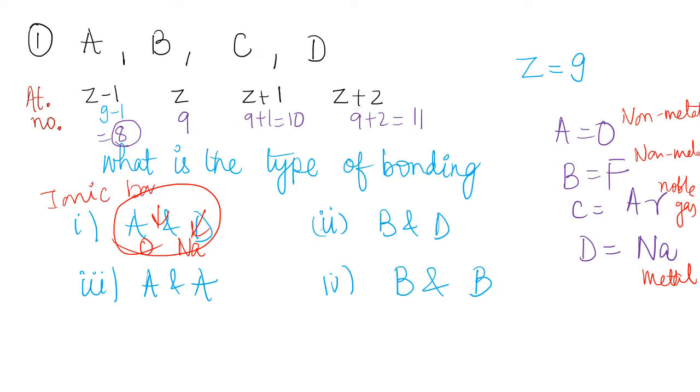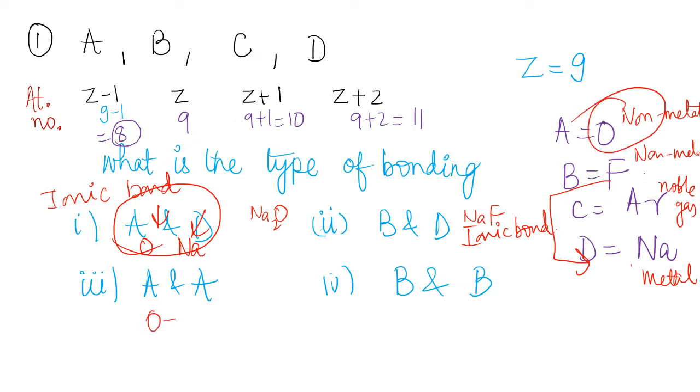Yeah, ionic bonding. B and D. B is fluorine and this is sodium. So again, metal and non-metal, cation and anion. Sodium fluoride, and this will be sodium oxide, so again ionic bonding. Right, guys? A and A, oxygen and oxygen, two non-metals.